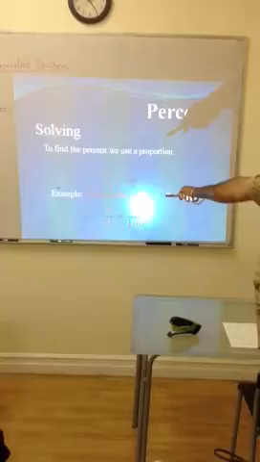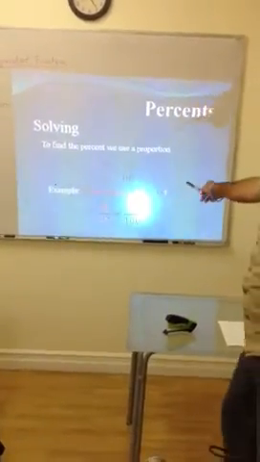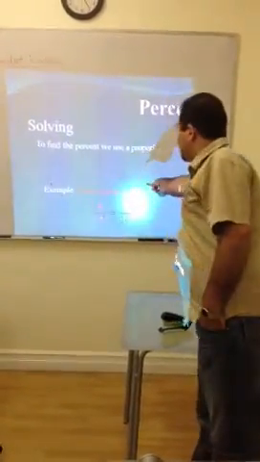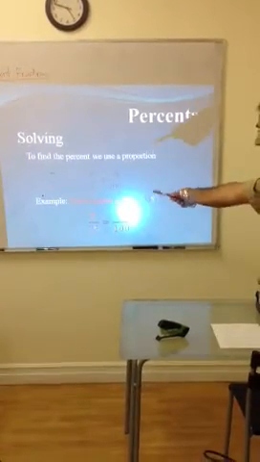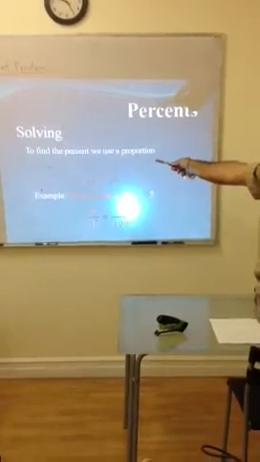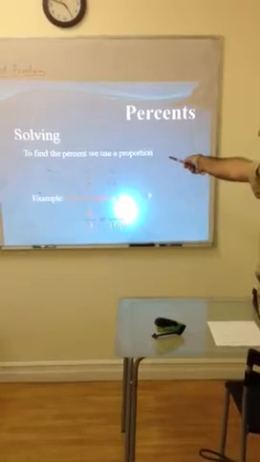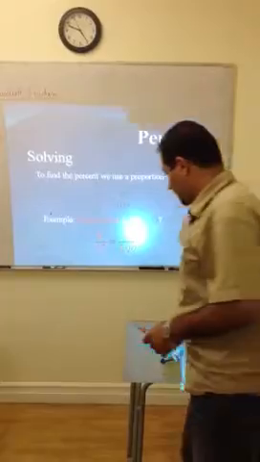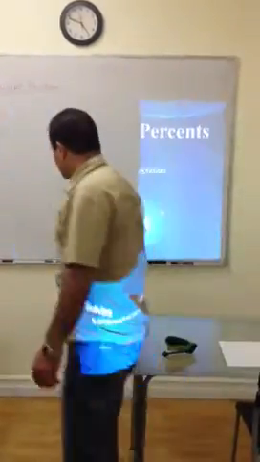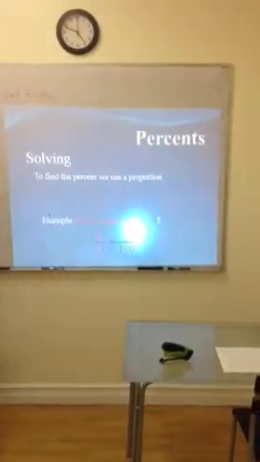Of is the 35, right? If you see, what number is in the red is the x, of is 35, so you compare this proportion with the proportion on top. They look the same. Percent goes for the percent sign, and 100 is always there. Let's do one quick example.